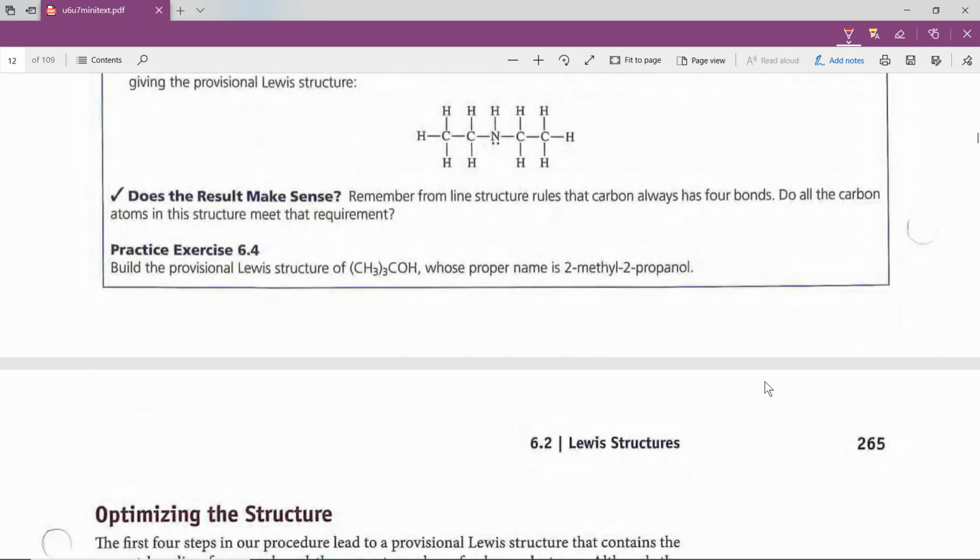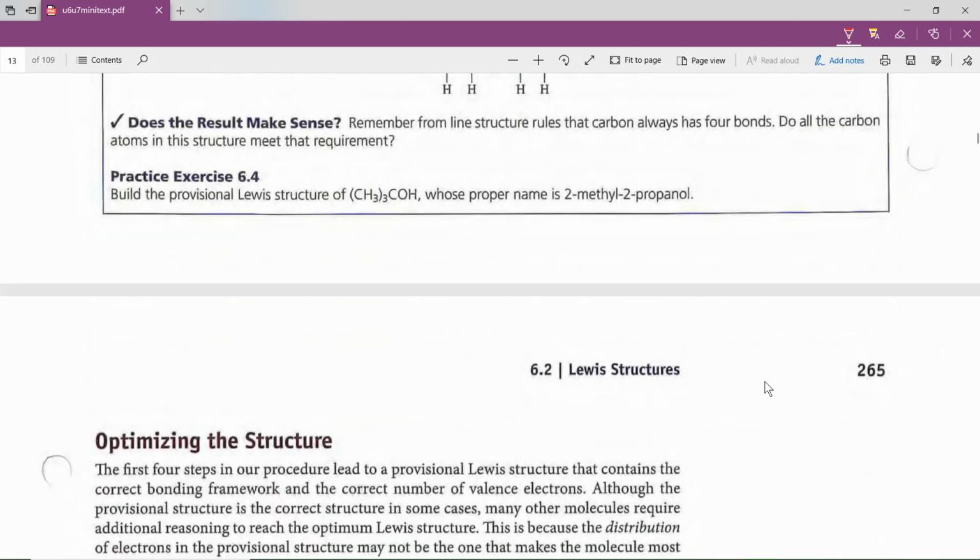Now it said build the structure for 2-methyl-2-propanol. Okay, so propanol, so I'm going to have carbon, oxygen, oh, ran out of room, let's go up here, carbon, oxygen, hydrogen, and then I'm going to have a carbon here and here.